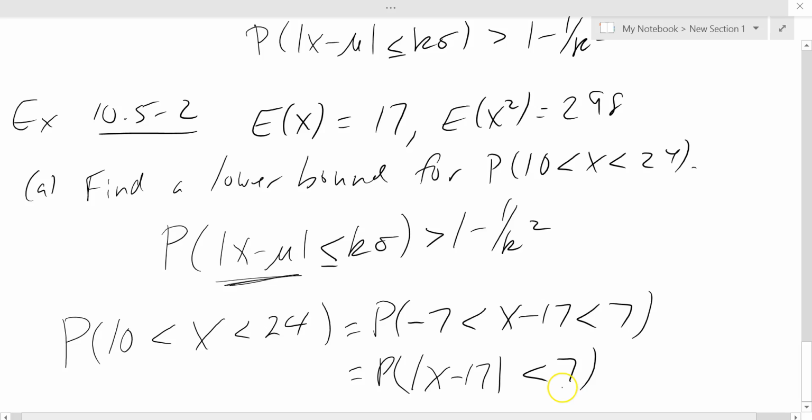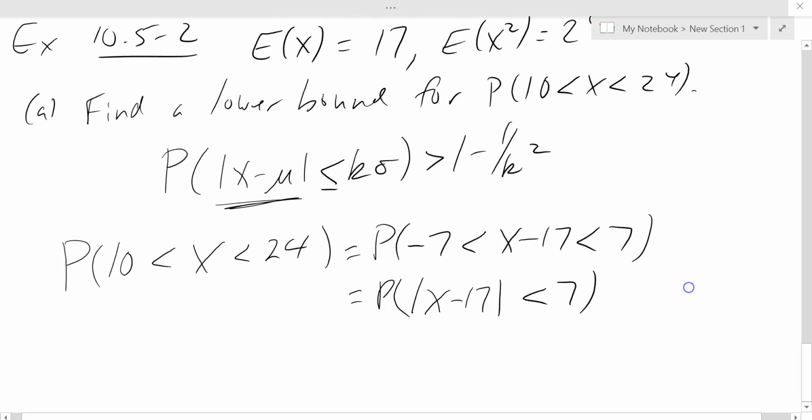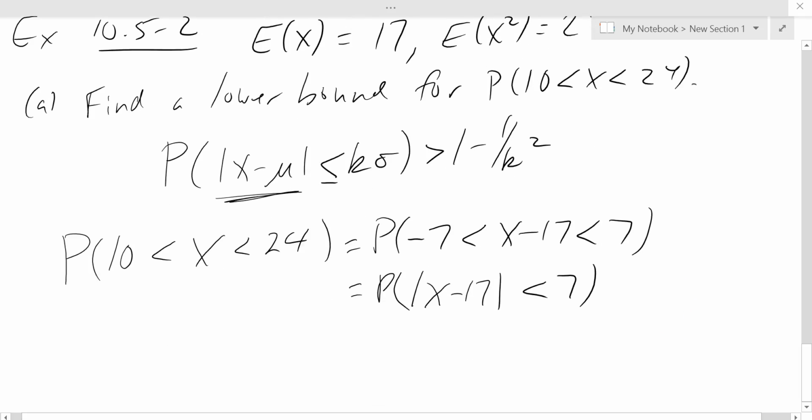All right, so how does the 7 relate to the number of standard deviations? The reason why we did this first is because that's the form that Chebyshev's inequality takes, right? How far a data point is from the mean.